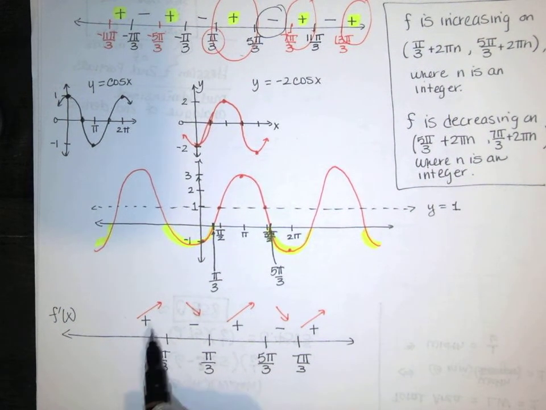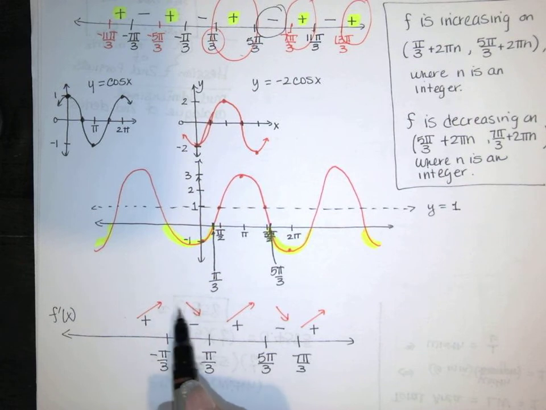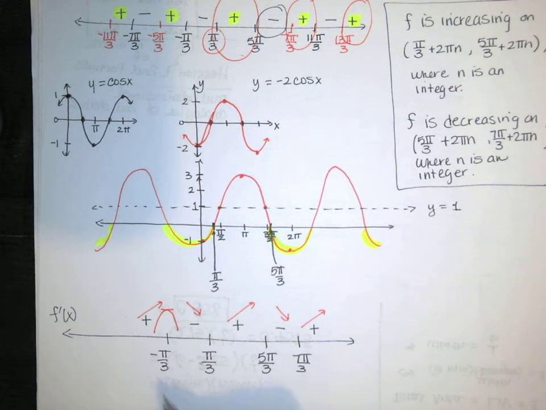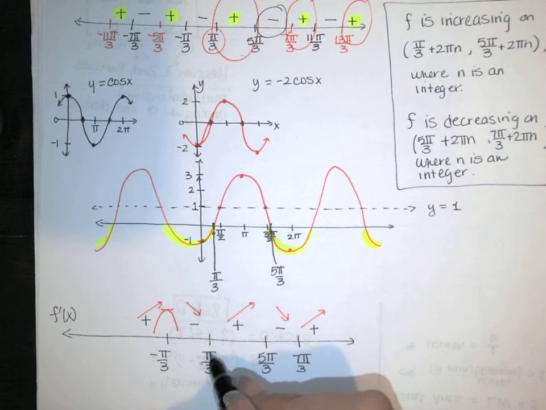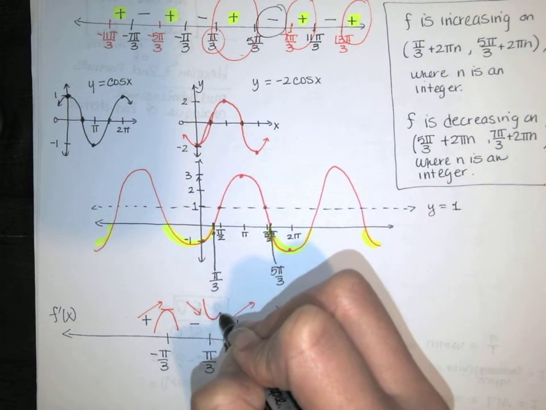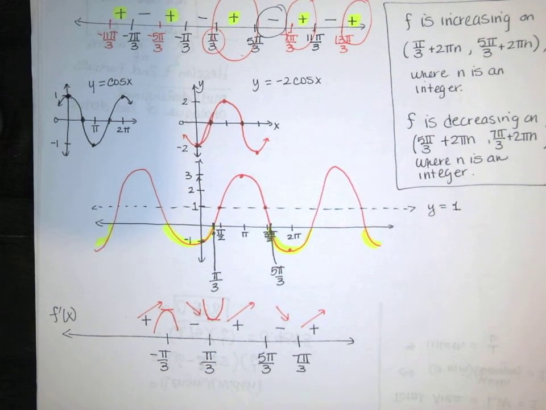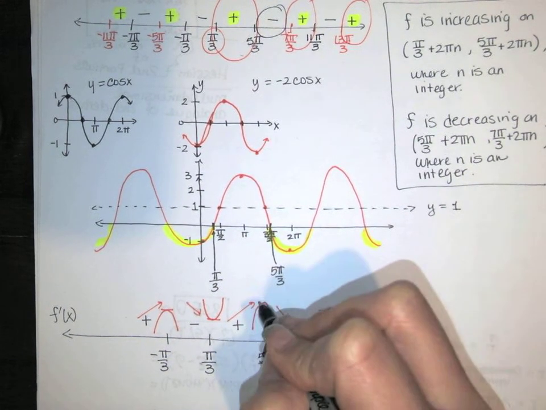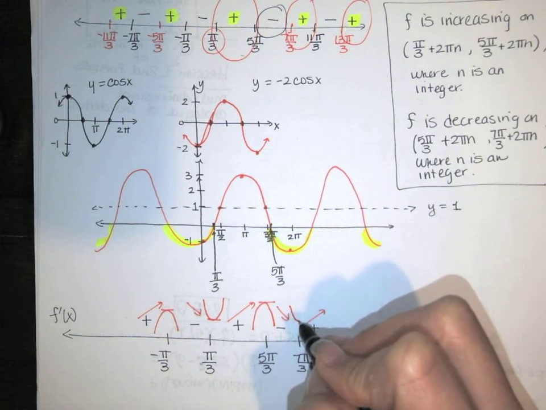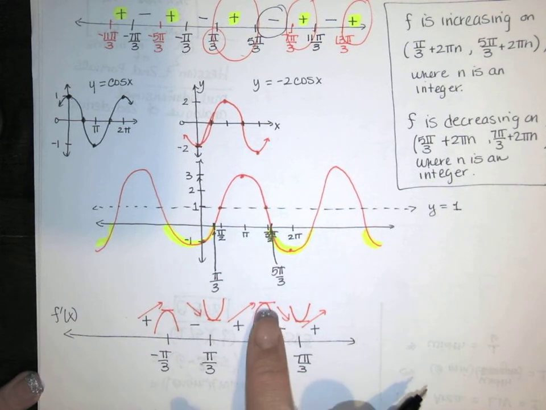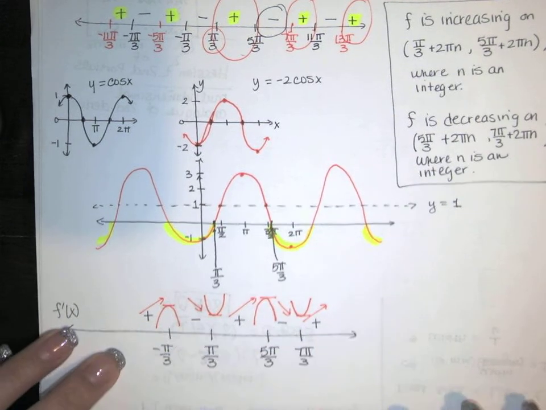If it goes from increasing to having a 0 slope to decreasing, I'll have a max there at pi over 3, or negative pi over 3. If it goes from decreasing to having a 0 slope to increasing, I'll have a min. So it's increasing, 0 slope, decreasing, max, decreasing, 0 slope, increasing, min. And this pattern repeats. So we're going to have a max and a min and a max and a min, and it's going to repeat indefinitely.